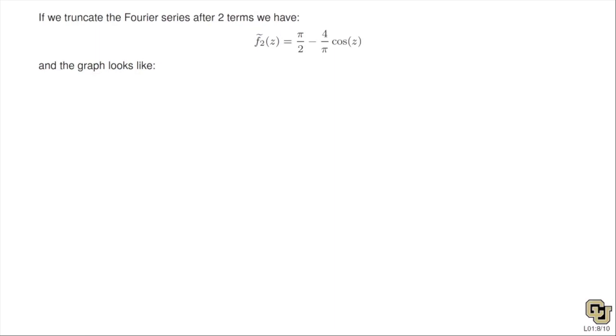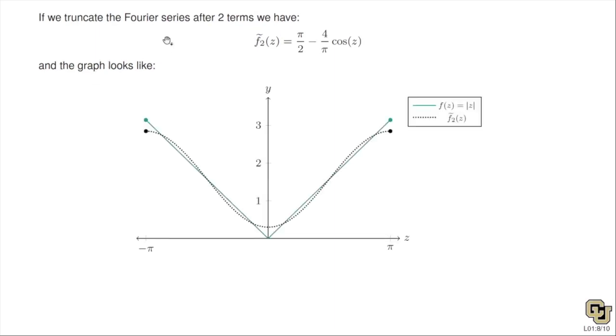That's the first 2 non-zero terms from the Fourier series for absolute value of z. In green is the actual function, and the dotted black line is the truncated Fourier series.